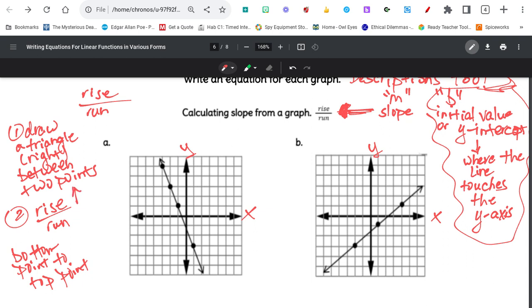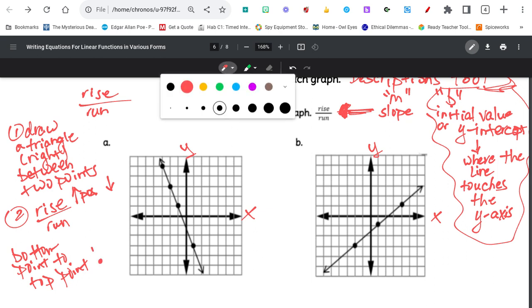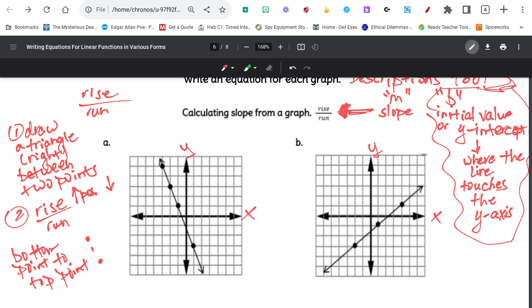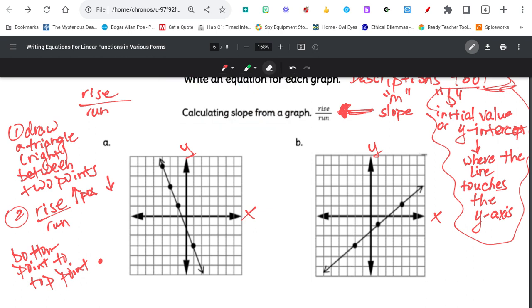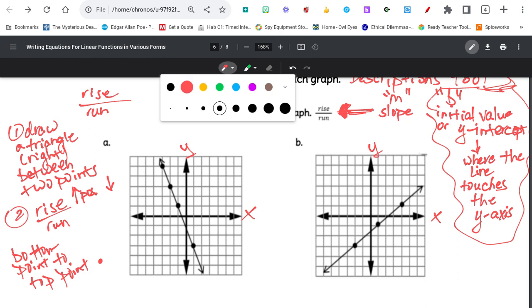So if you rise up, and that's what we're doing because we're starting from the bottom and going to the top, then your slope will be positive. I'm going to color code these. I'll do this in purple.